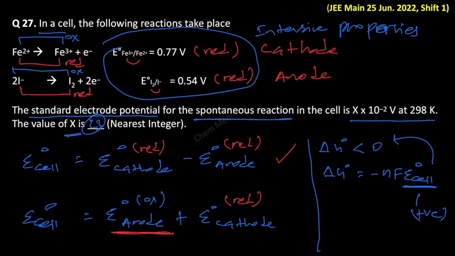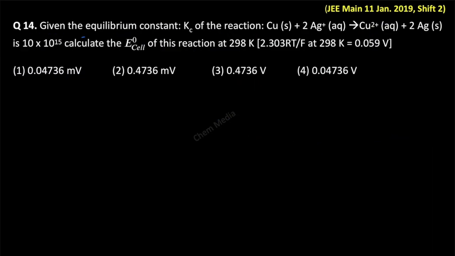Nearest integer is 23. Given the equilibrium constant Kc of the reaction is 10 times 10 to the power 15, calculate the E cell standard of this reaction at 298 K. The term that we use in the Nernst equation at 298 K is given as 0.059 volt.